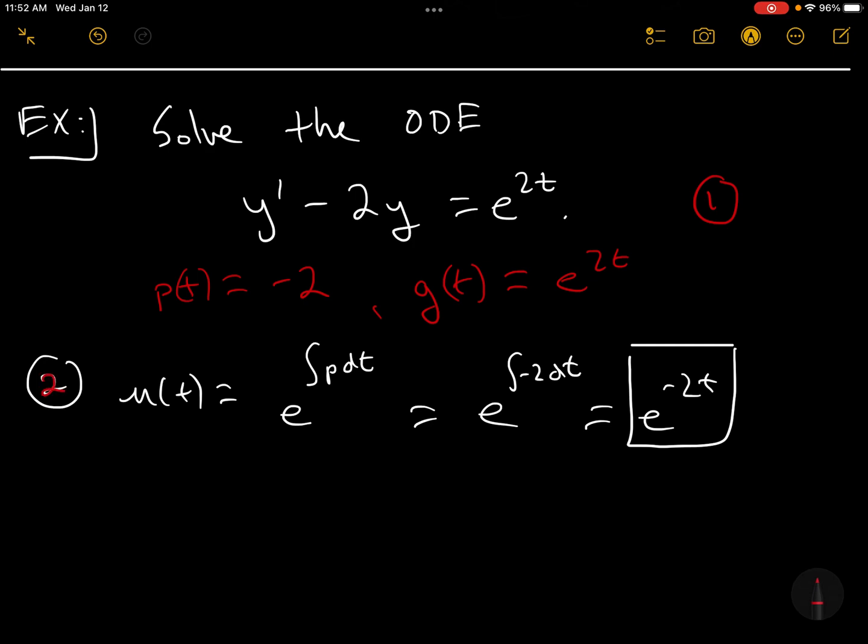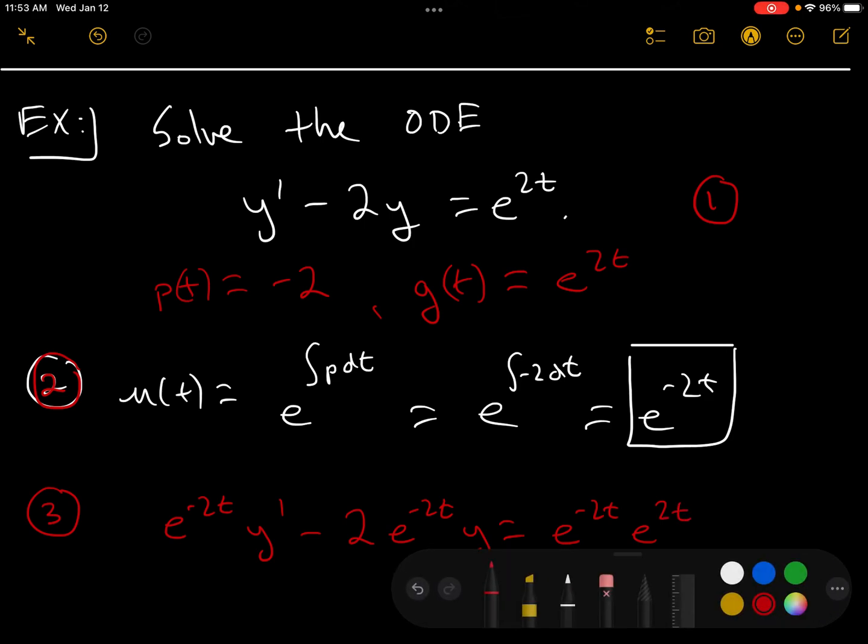Okay. Step 3. You multiply through by mu, so you get e to the -2t y prime minus 2e to the -2t y equals e to the -2t times e to the 2t.